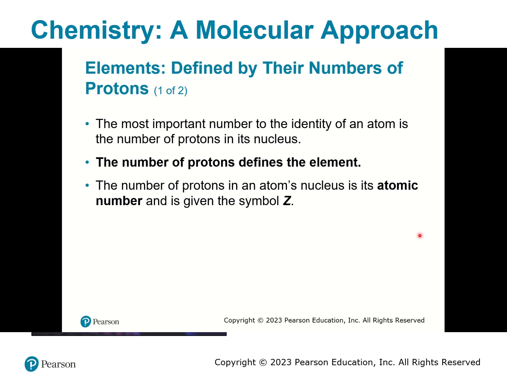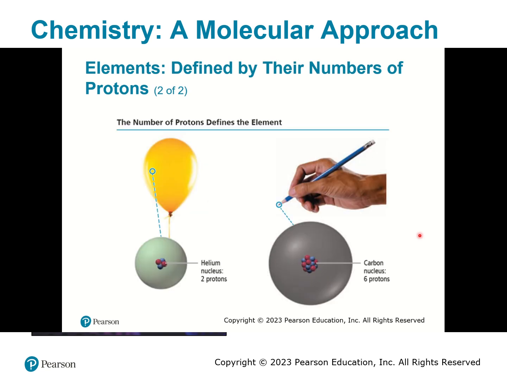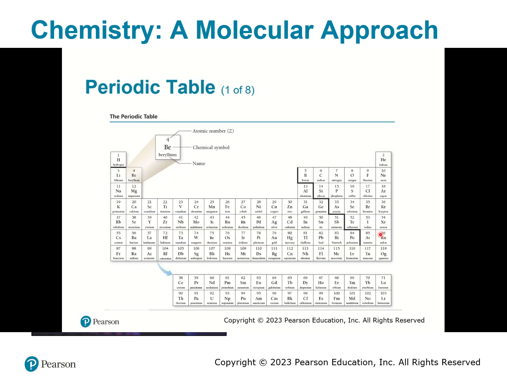Change the number of protons and you change the element. You can change the number of electrons, you can change the number of neutrons, but not the protons, because the number of protons defines the element, like your ID.